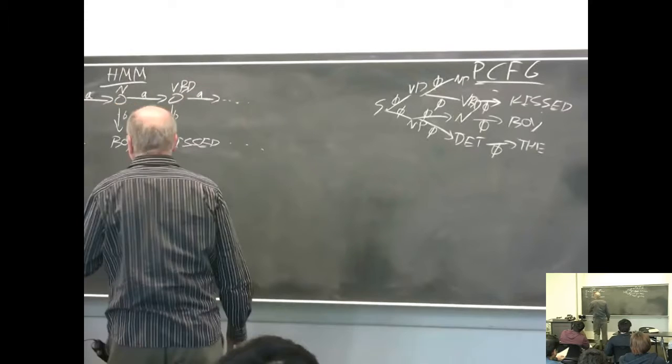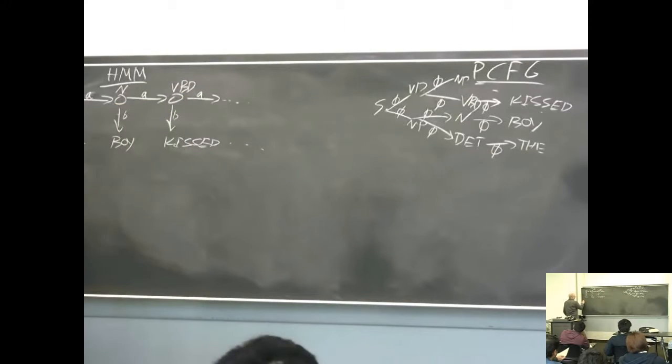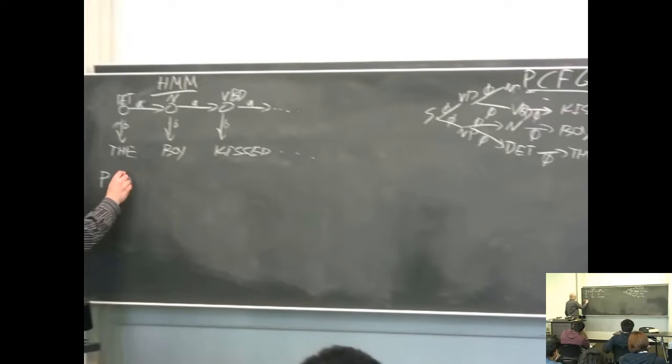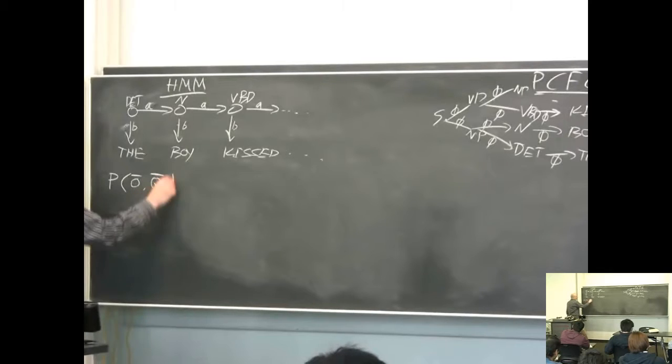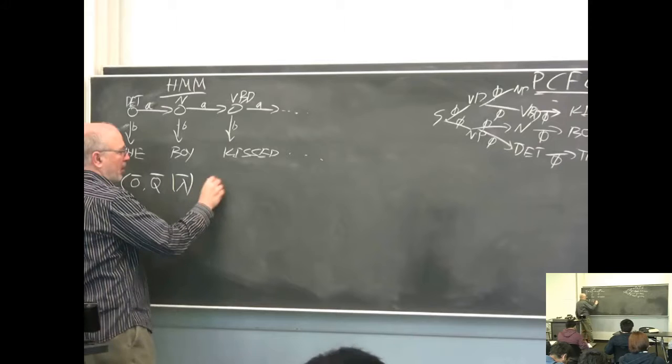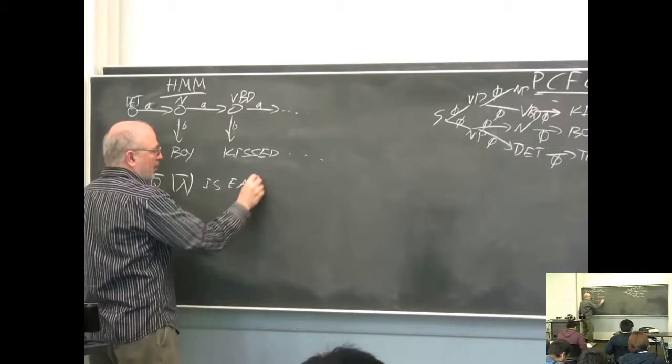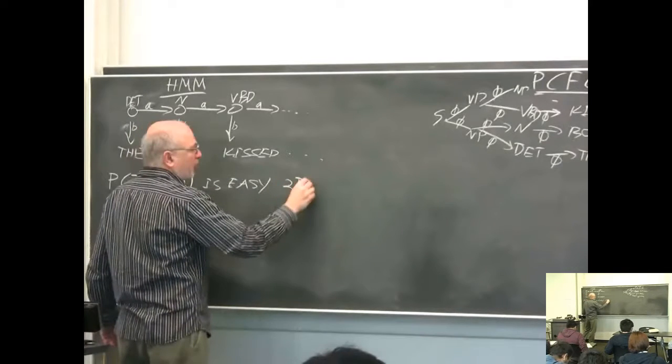Now, calculating the full likelihood, that means the probability of the observables and the hidden state sequence given the model, is easy. They're basically 2T multiplications.